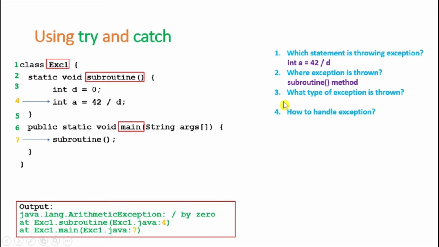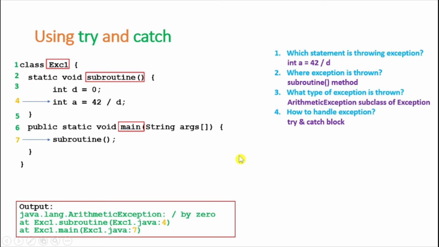Question number 3. What type of exception is thrown? Arithmetic exception, which is subclass of exception, is thrown because division by 0 is an arithmetic error. Question number 4. How to handle exception? To handle exceptions, we use try and catch block.